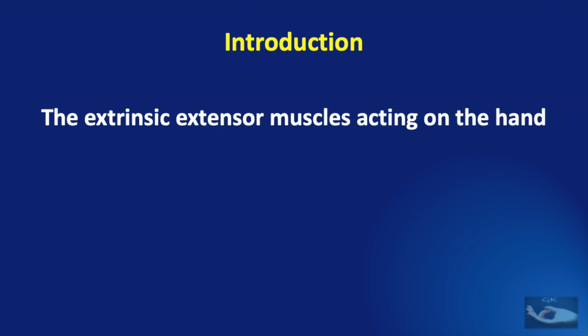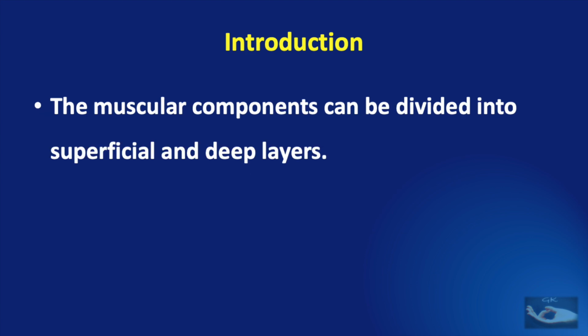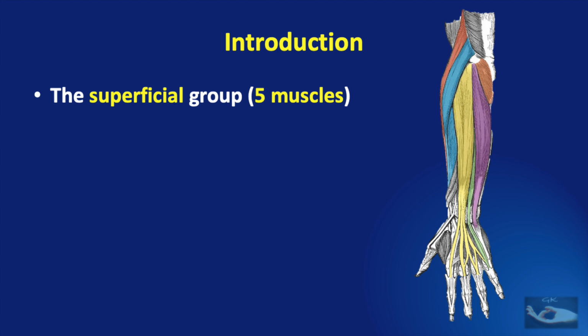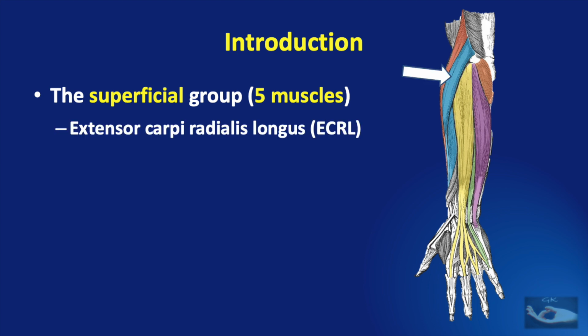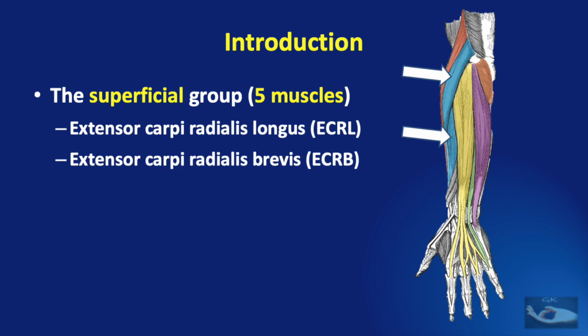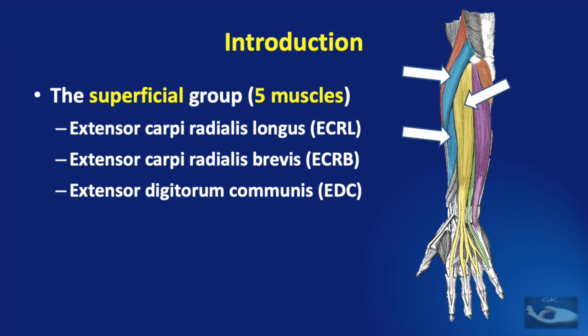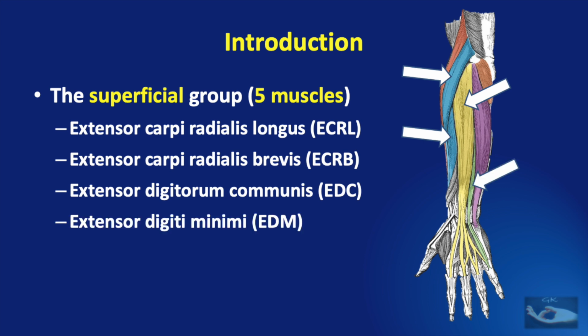When we consider the extrinsic extensor muscles acting on the hand, we will be dealing with 9 muscles. These muscles present on the extensor aspect of the forearm can be divided into the superficial and deep layers. The superficial group consists of 5 muscles: the extensor carpi radialis longus, the ECRL, the extensor carpi radialis brevis, the ECRB, the extensor digitorum communis, the EDC, the extensor digiti minimi, the EDM and the extensor carpi ulnaris, the ECU.